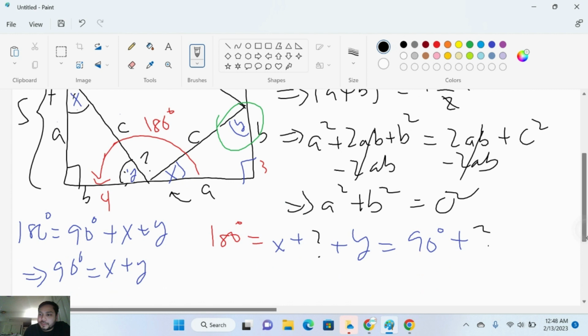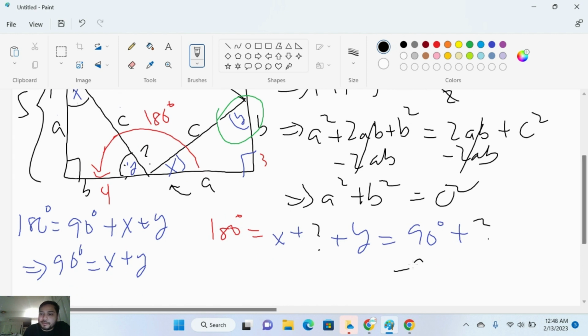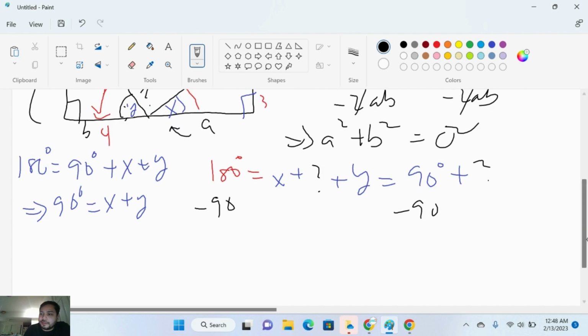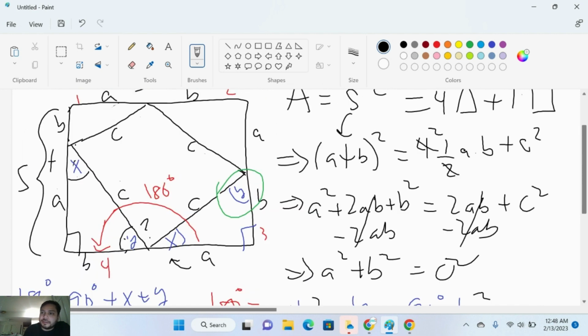Therefore, it's easy to see that minus 90 on both sides, we end up with the question mark equal to 90 degrees. And so this is a right angle, and you could do the same thing at every corner. They're all right angles. That means the shape in the middle is a square, because every inner angle is 90 degrees and the length of the side is always C.